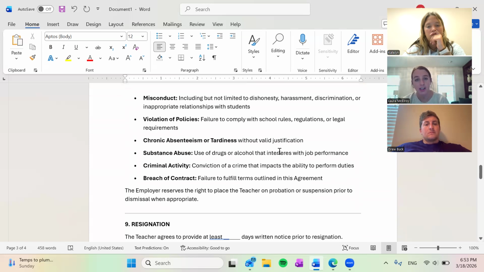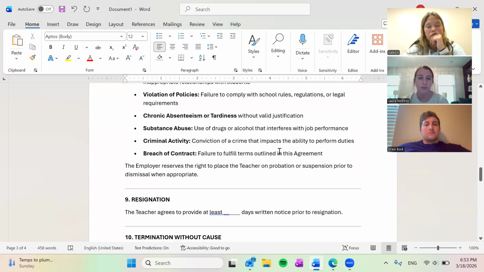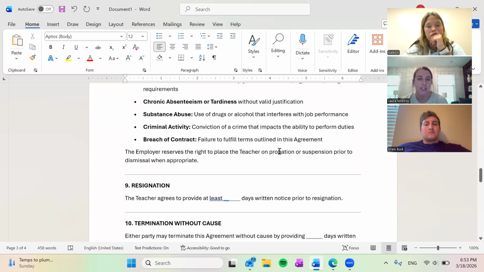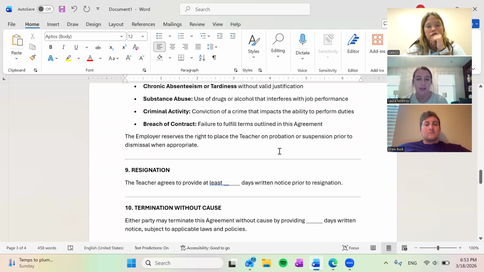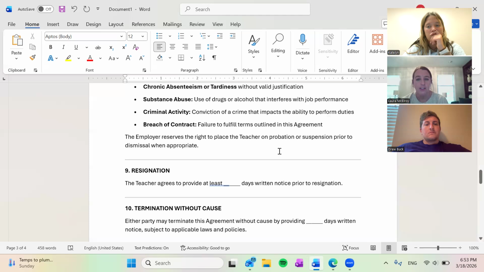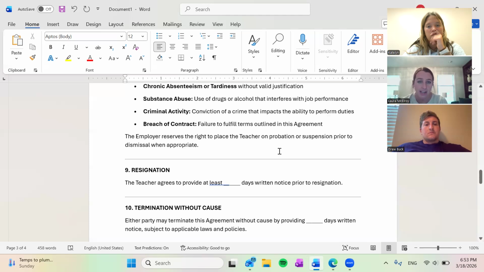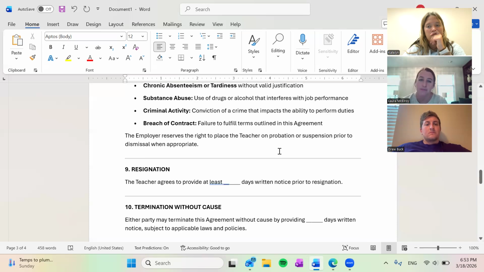If you are gone a lot, sick a lot, that could also play a big role in your contract. Substance abuse, criminal activity, and these could all terminate your contract very quickly. So make sure you are aware of all of these when you actually sign that line at the very bottom.